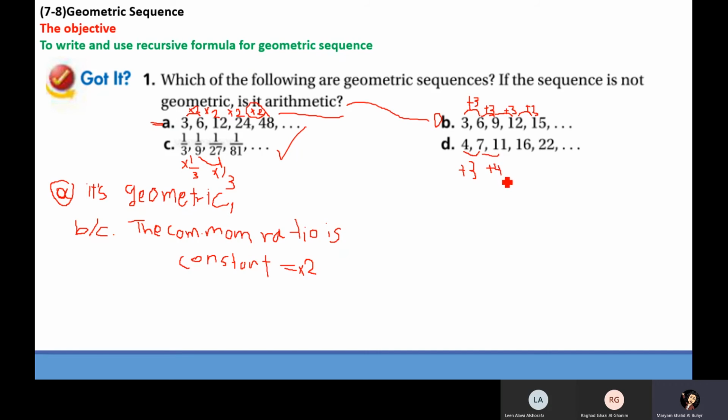Since we plus 3 here and plus 4 there, and we don't have any specific number we can multiply with from 4 to 7 and from 7 to 11, that means this sequence is not arithmetic, and also it is not geometric. So you must say it's neither arithmetic nor geometric.